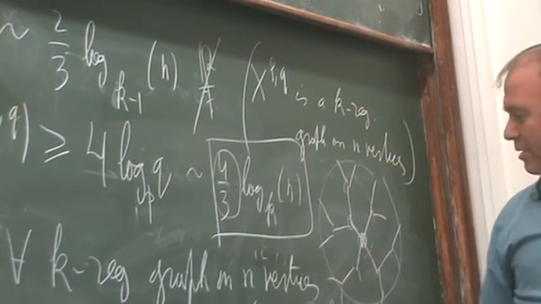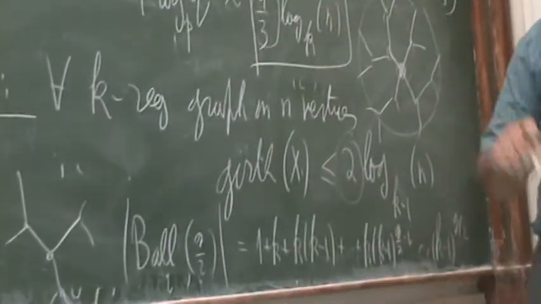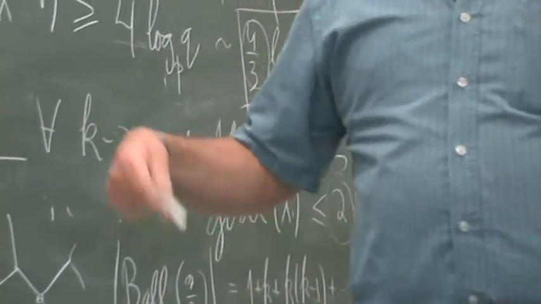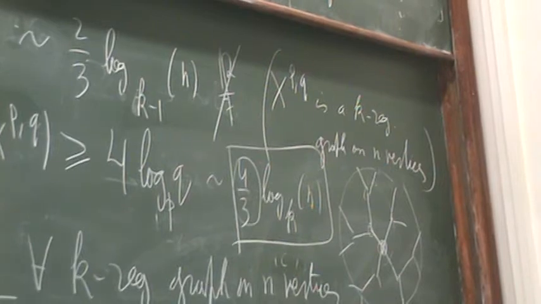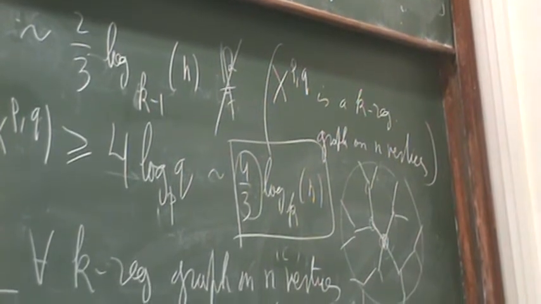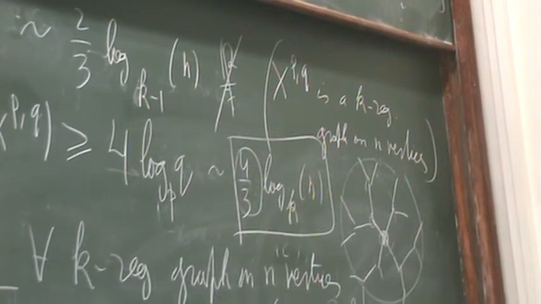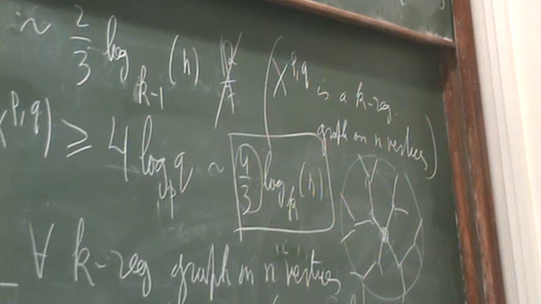So this is still an open problem. Many students try to either get the 2 down or the 4/3 up, and nobody knows where the truth is. I'm not sure there is even a good guess.